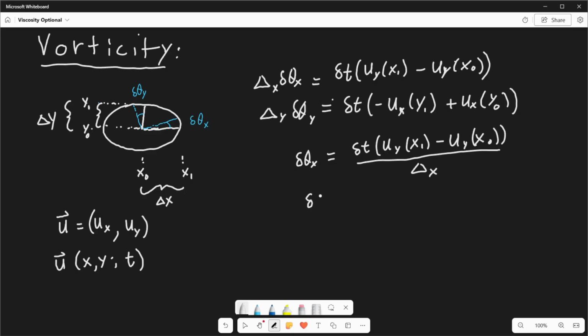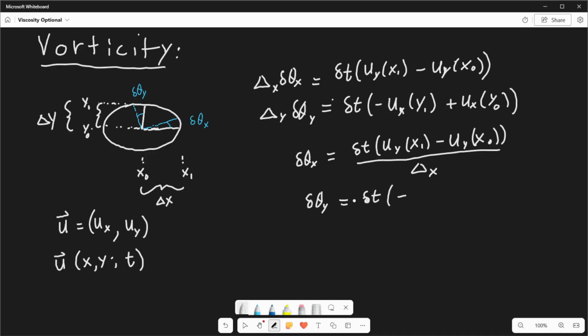And the same thing for delta y. I'm going to have delta t again, and then everything that's here, negative.